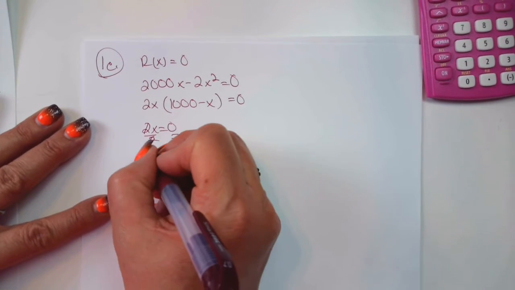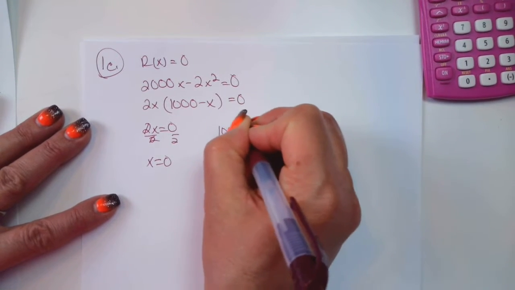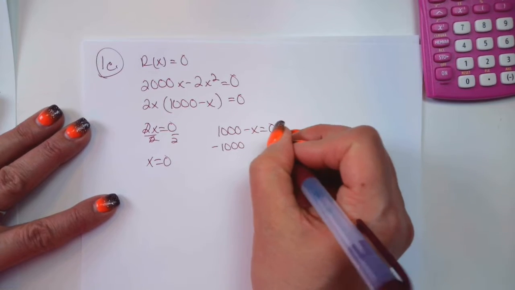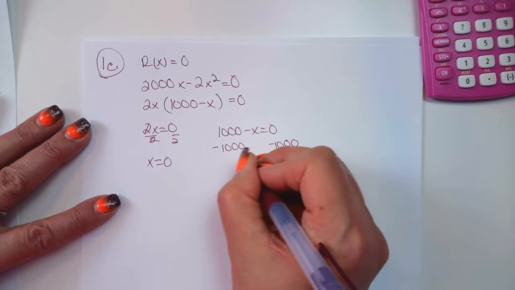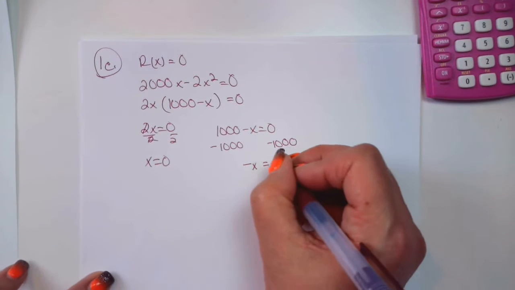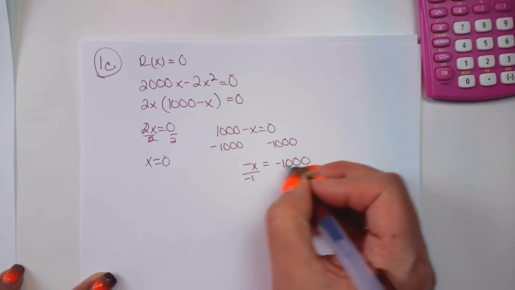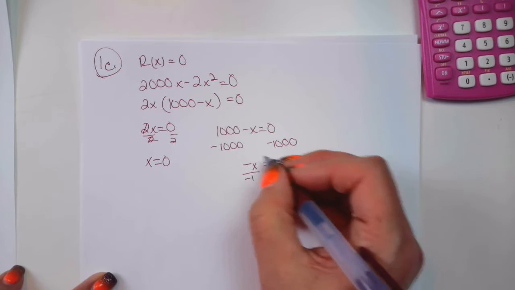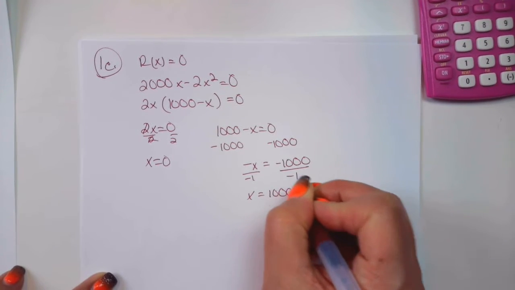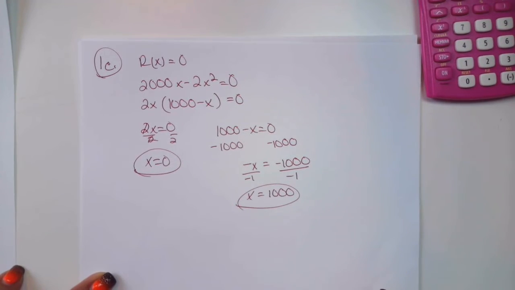So 0 divided by 2 is a 0. And then 1000 minus x equals 0. We subtract 1000 on both sides. Actually, we should have moved the x, but anyways, I did not. I'm going to divide by -1 to change the signs, and I get x equals 1000. So I have x equals 1000 and x equals 0.